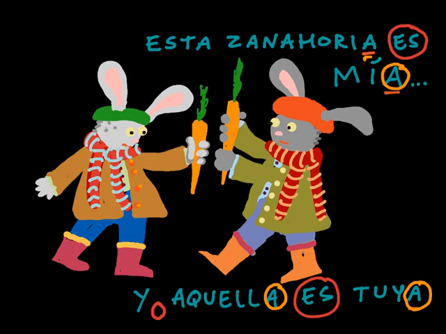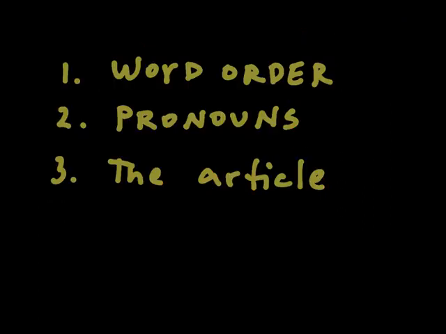Finally, I wanted to mention that these long form adjectives will have different word order because normal possessive adjectives precede the nouns, and long form possessives will follow the nouns. Second of all, long form adjectives can be used as pronouns if you avoid the noun.